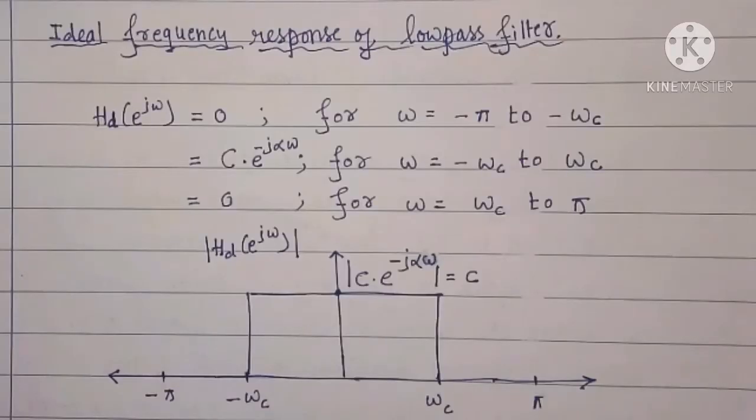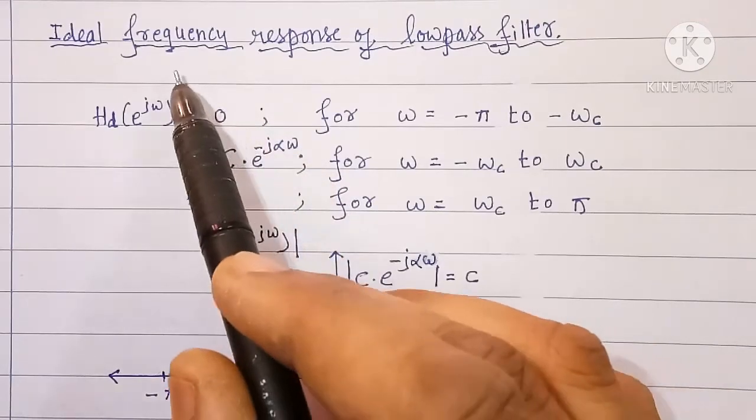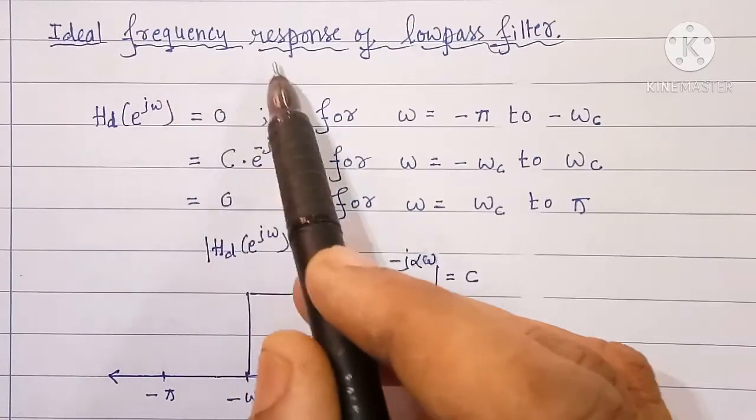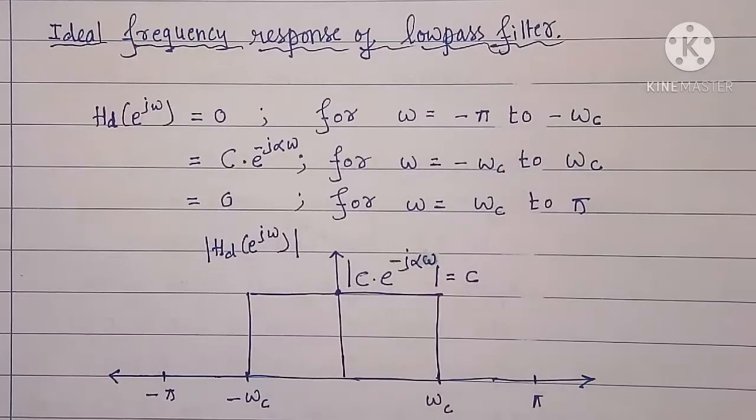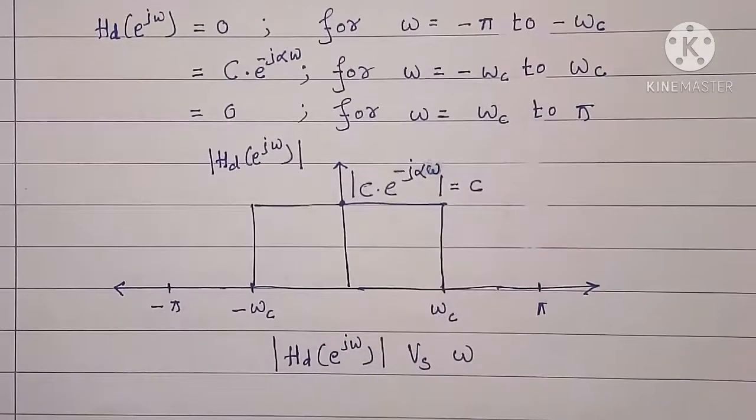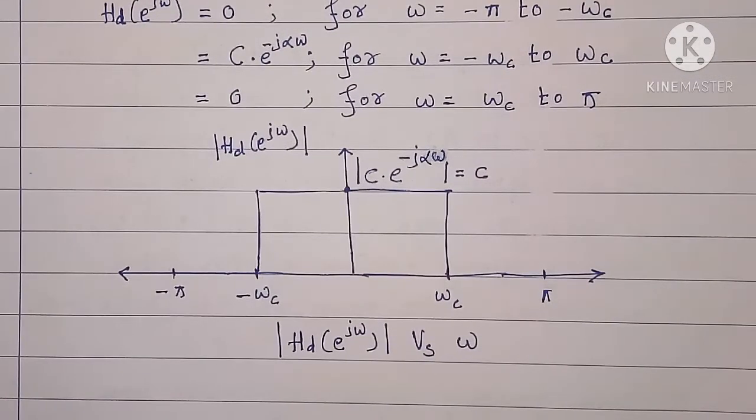Now let us study the frequency responses of various types of FIR filters. First one is ideal frequency response of low pass filter. You can see here the plot of HD of e raised to j omega magnitude versus the digital frequency omega.